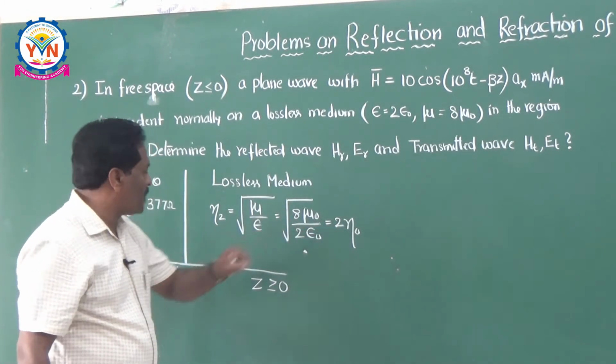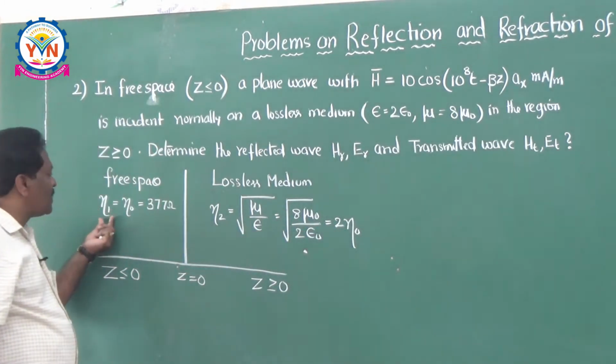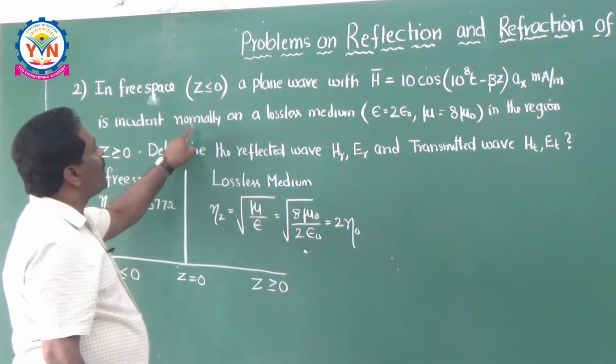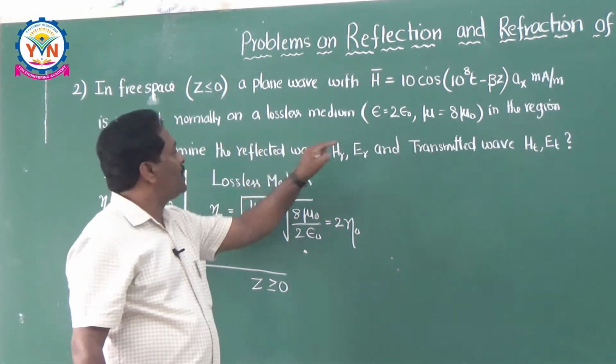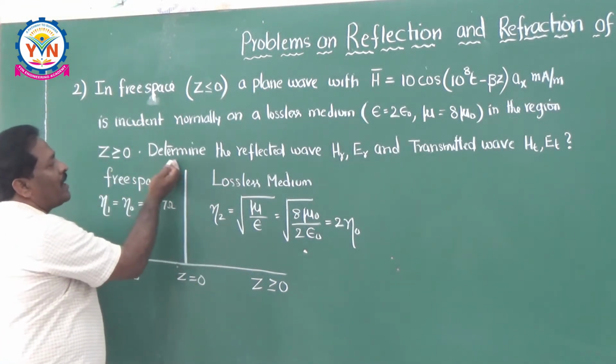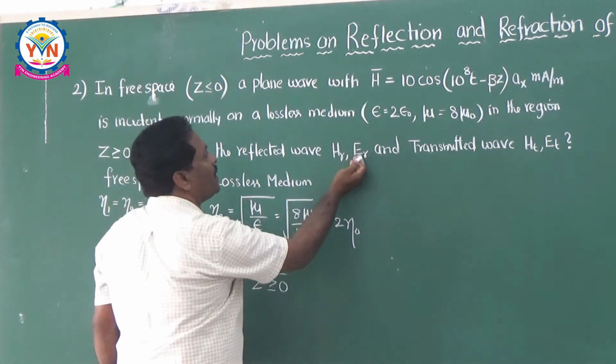So eta 2 is 2 eta naught, and eta 1 is eta naught. He told that it is incident normally on a lossless medium in the region z greater than or equal to 0. Determine the reflected wave H_R and E_R.